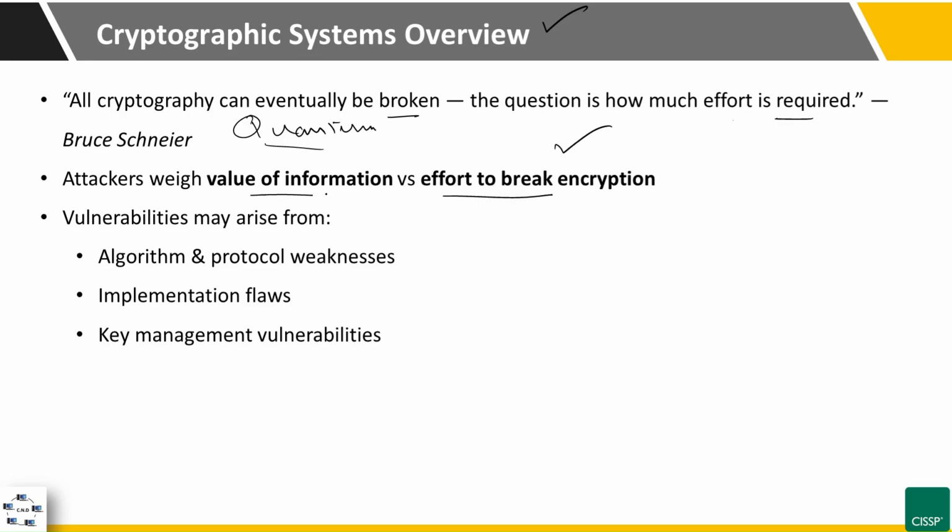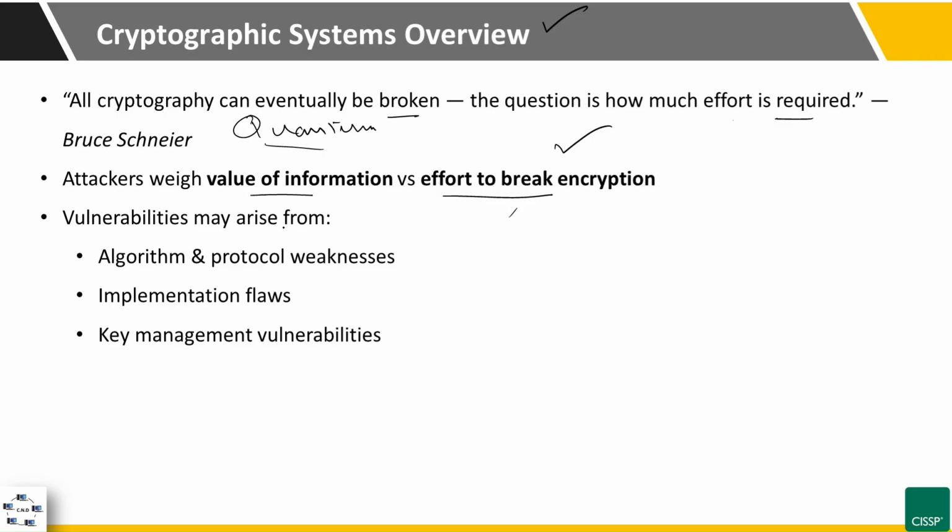If the information is of high value, they may make the effort to break that encryption, and if the information is of low value, they won't. So what does this mean? If you have very sensitive data, you should use a strong encryption algorithm as well as long encryption keys, so that it requires huge effort or time to decrypt that information.